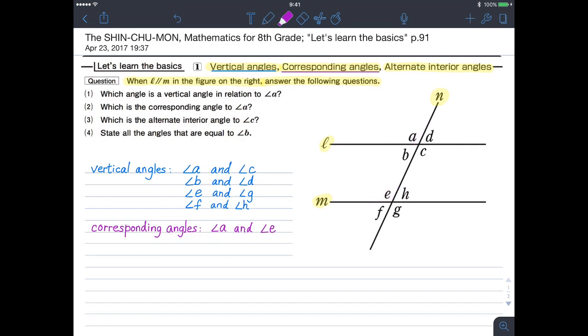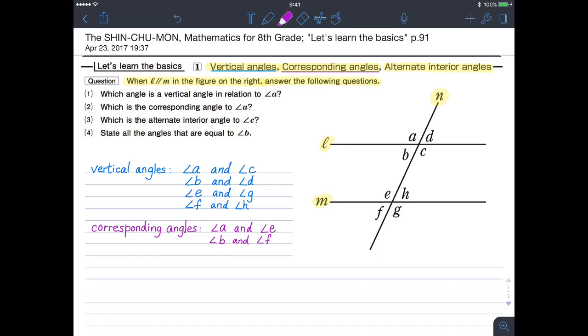Can you find any other corresponding angles? Well, you may notice that a similar relationship exists between angle B and angle F. Therefore, angle B and angle F are corresponding angles. And since corresponding angles are equal, angle B and angle F are equal.